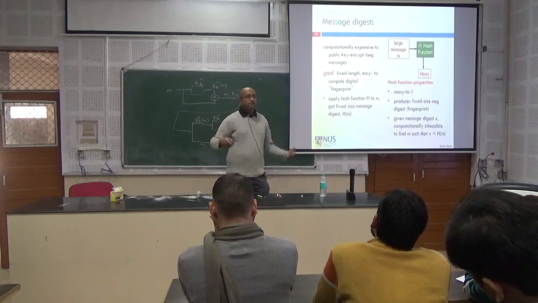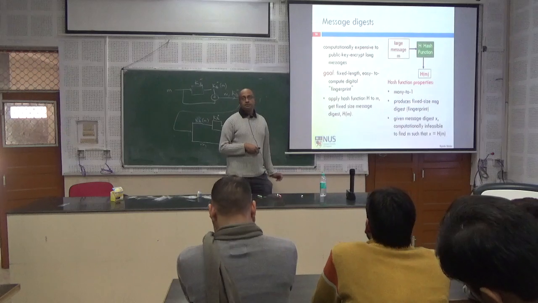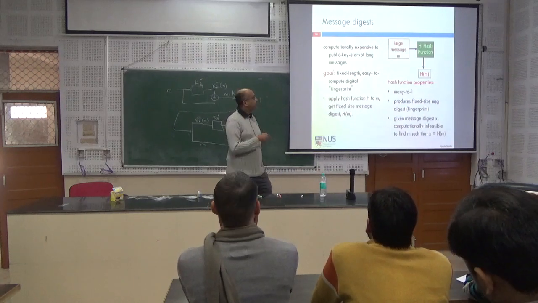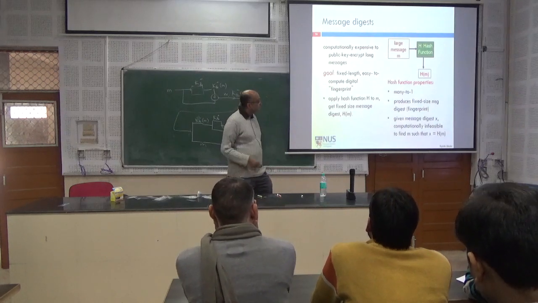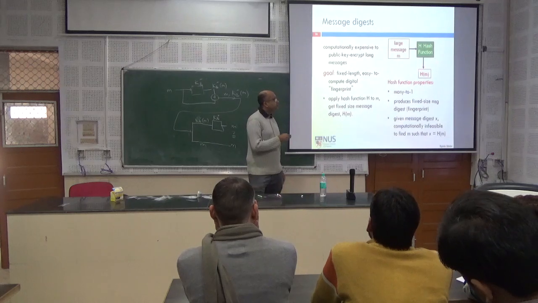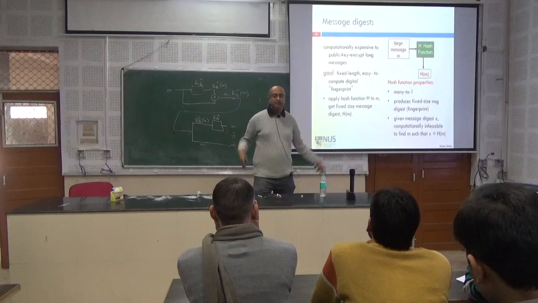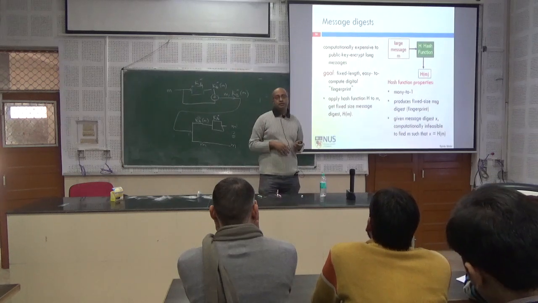So what you can imagine is, it's a many to one. There will be overlap. Many messages can get mapped to the same number. But hopefully, if you keep the number of bits in the hash output large enough, if it's a 128-bit hash, it's 2 to the power of 128 possibilities.